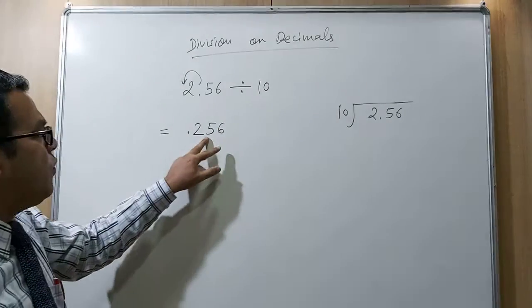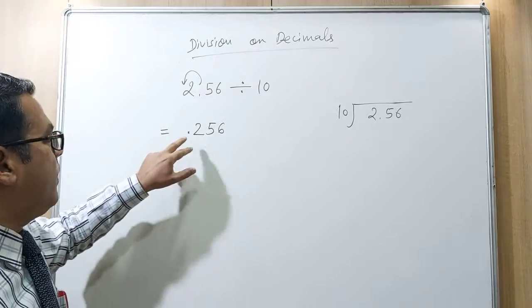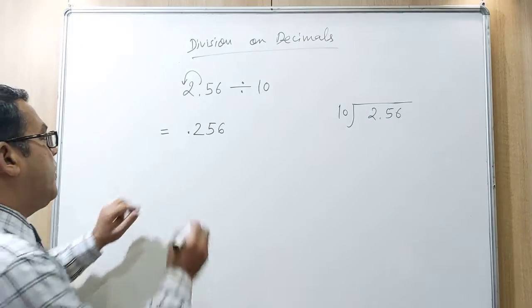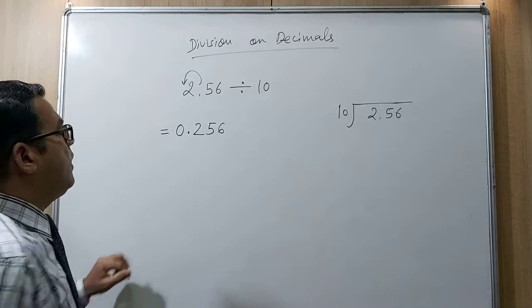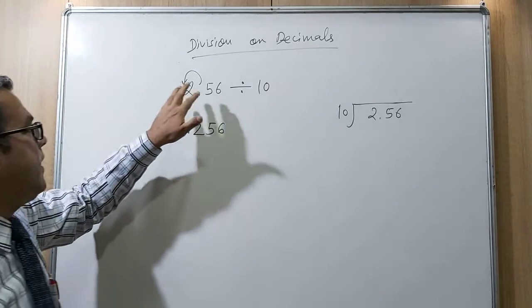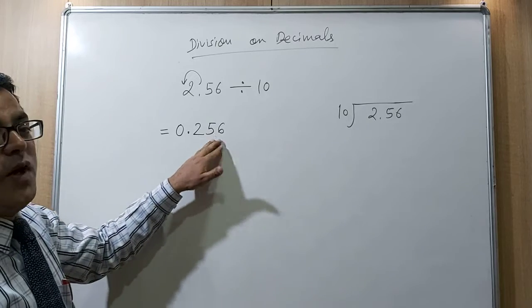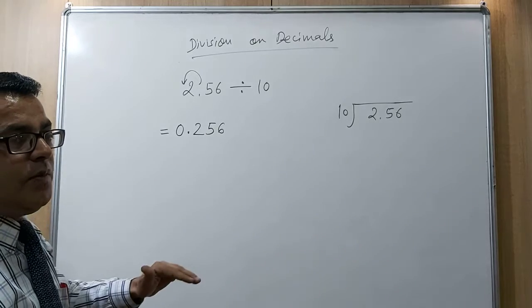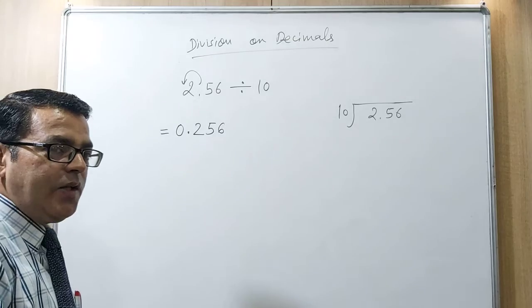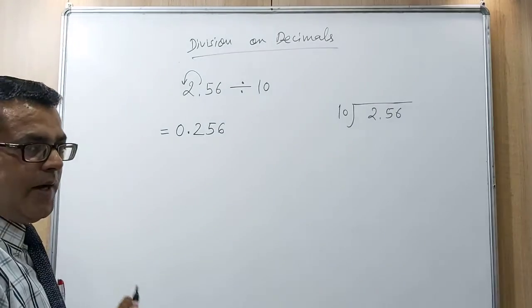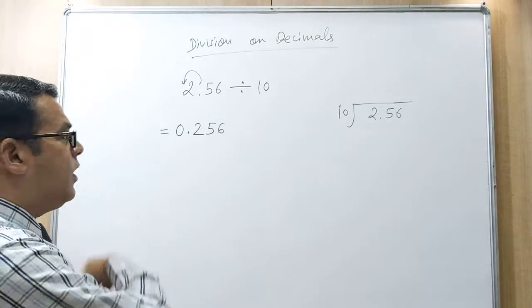So 0.256. Now we see before the point we don't have any digit, so we can put 0 here. So after dividing 2.56 by 10, we have 0.256. So this is very simple. Once you are multiplying, you need to shift the decimal point to the right hand side, and if we are dividing, we need to shift the decimal point to the left hand side.